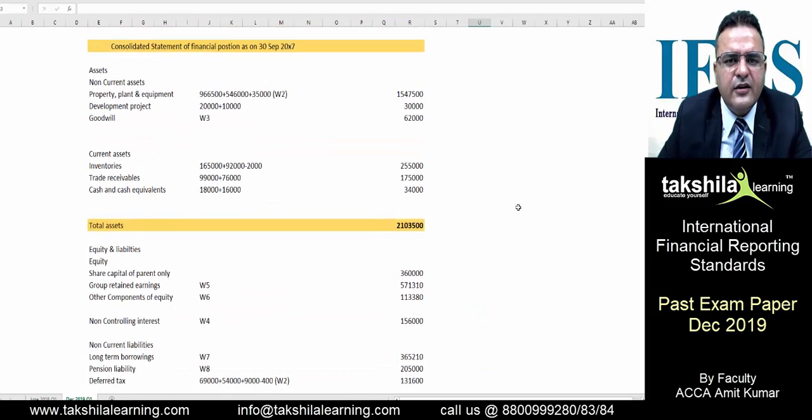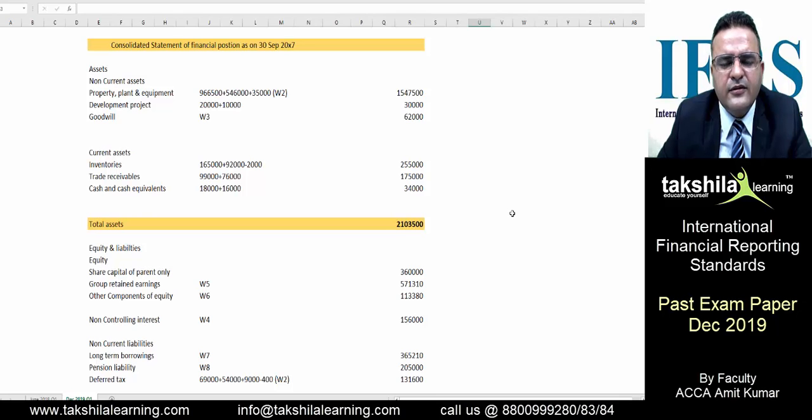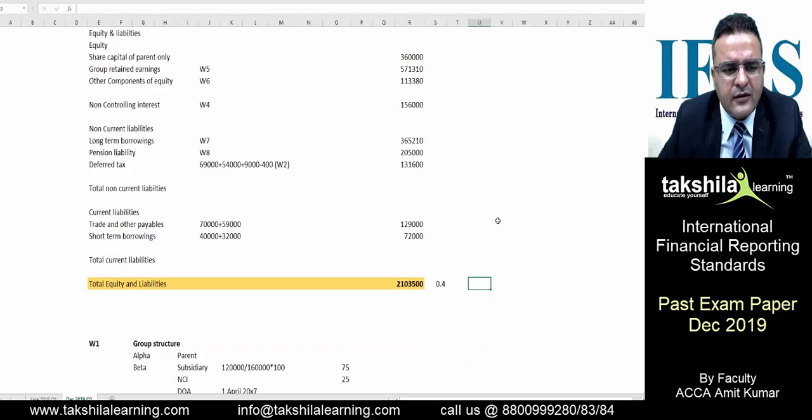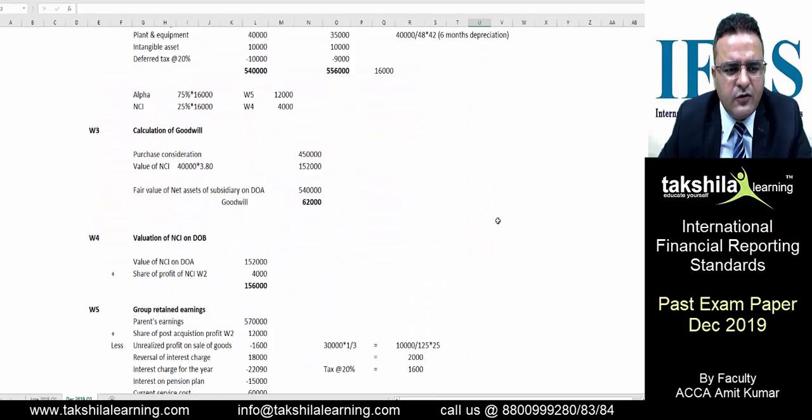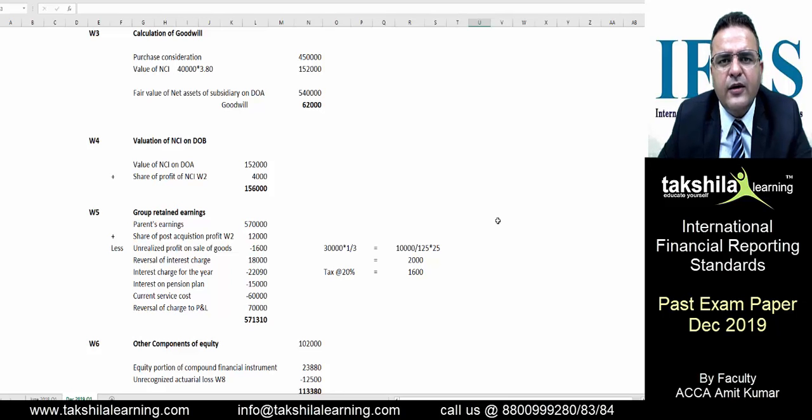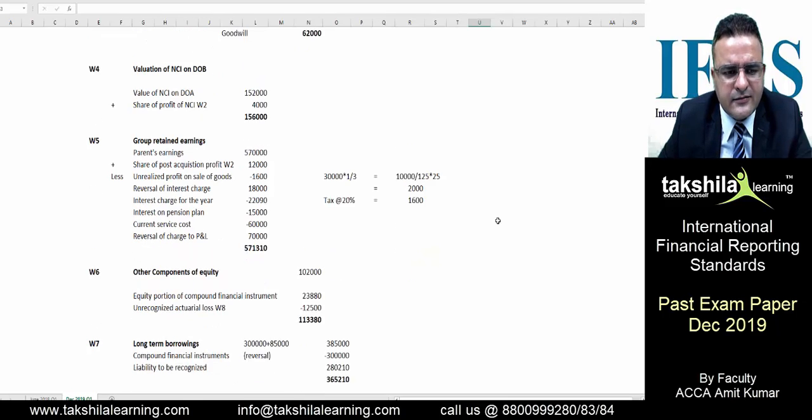This is how we present the consolidated statement of financial position as of 30th September 20x7. So 5 workings are essential: working notes number 1, 2, 3, 4, 5. If you do them, you get marks for every line item done correctly.